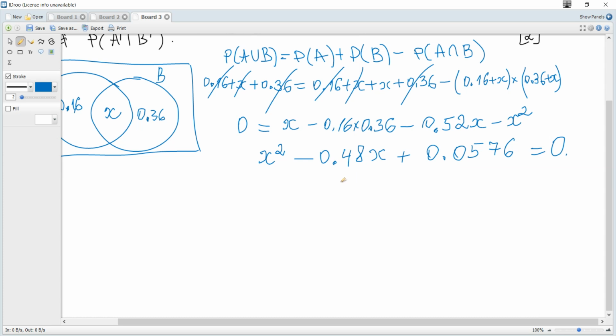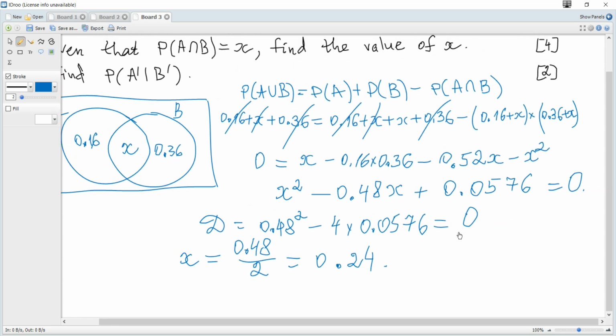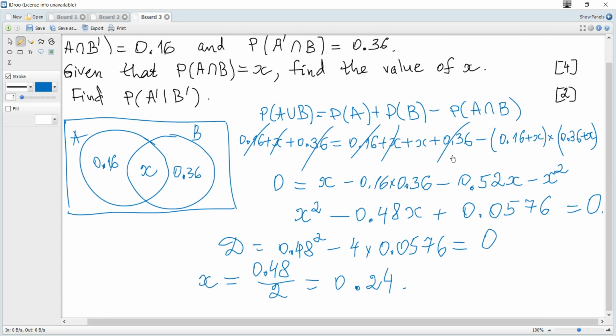You can use the calculator or use the discriminant. The discriminant is 0.48 squared minus 4 times 0.0576, and it's 0, hence there is only one root, which is minus b over 2a, so 0.24. So x is found.